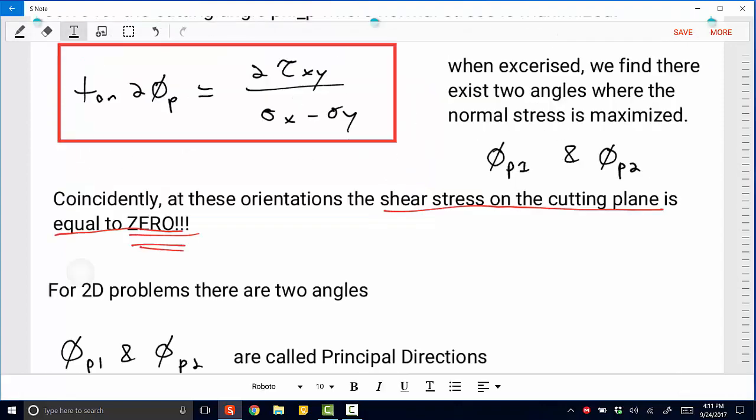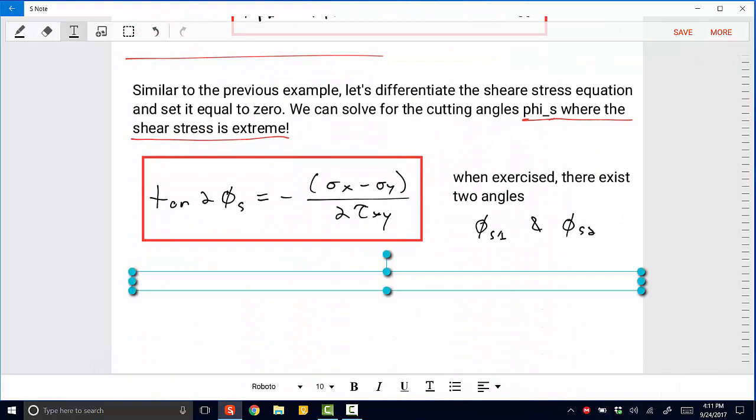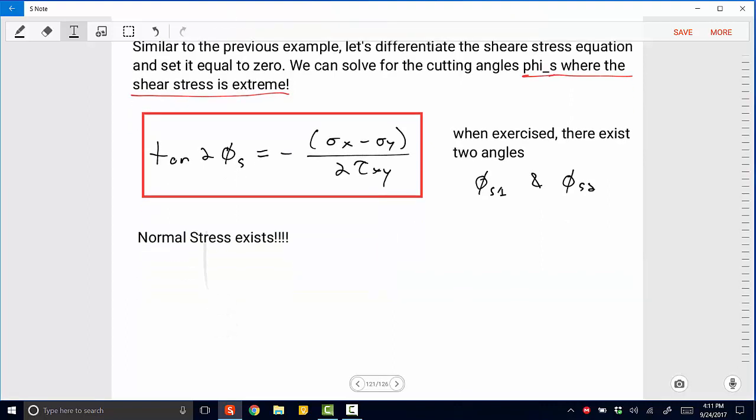Now, interestingly, when we perform this operation, unlike the previous example, normal stress exists, and it exists at a value of sigma x plus sigma y divided by 2. So it exists almost like an average stress, or average of the normal stresses, right?